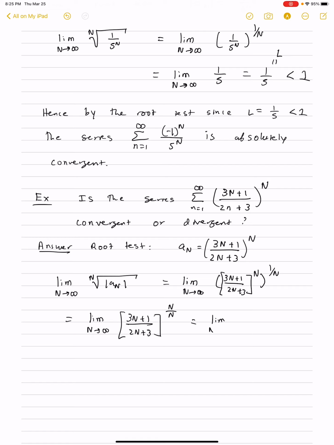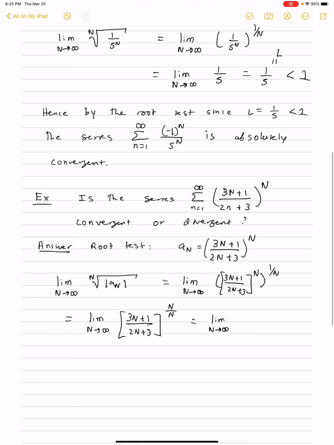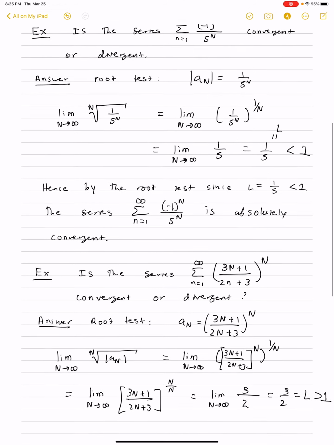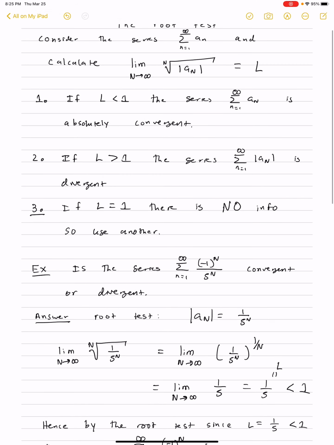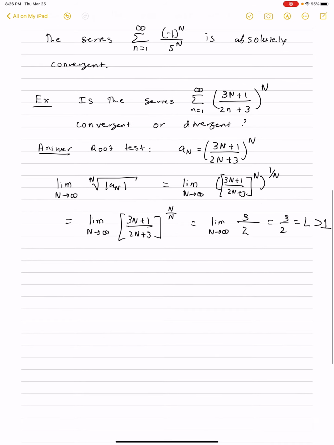Then, if I want to compute this limit, using L'Hopital's rule, I can just differentiate the top, that'll be a 3, and differentiate the bottom, that'll be a 2, and my final answer will be 3/2, and that's my limit. This happens to be bigger than 1, so going up here, I see that I fall into case 2 here, and so the series is divergent.